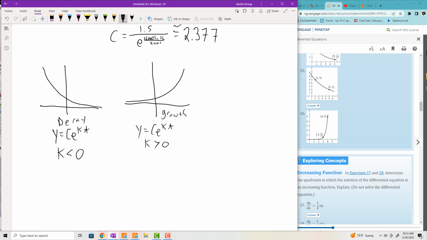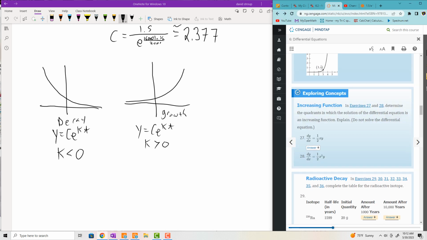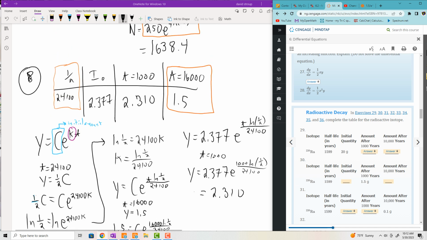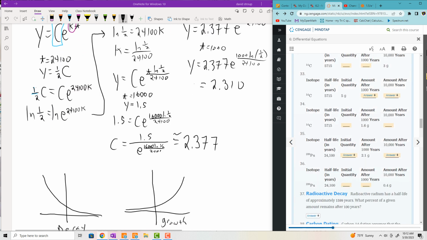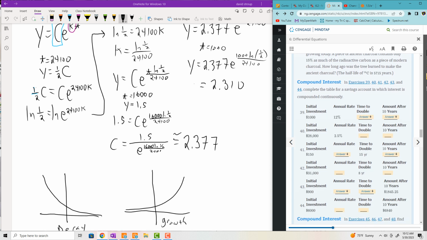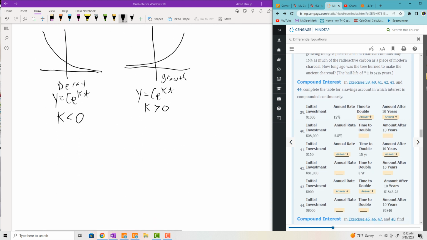But anyways, this was an exponential decay problem. For growth problems, usually we'll talk about compound interest. And let's look at one of those.